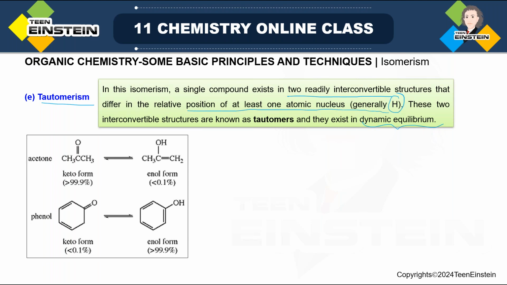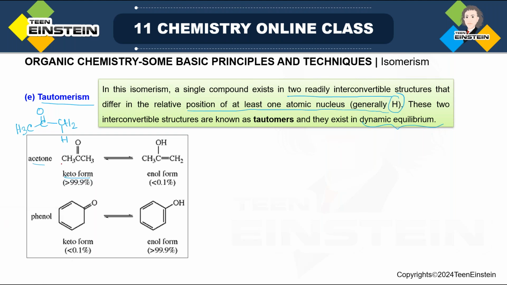Now the most common tautomerism is observed in keto compounds. Here we have taken acetone, which is the simplest ketone possible. If I draw the structure elaborately, it is CH3, then CO, then CH3. Now instead of writing CH3, suppose I write one hydrogen like this.